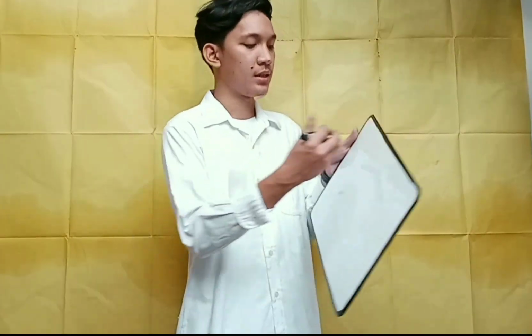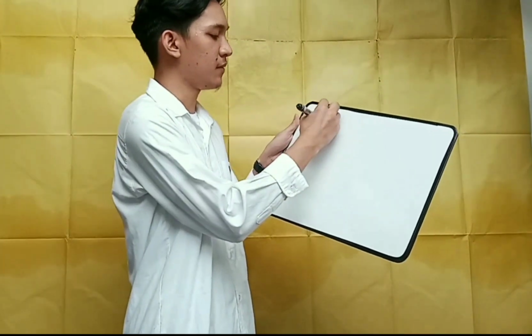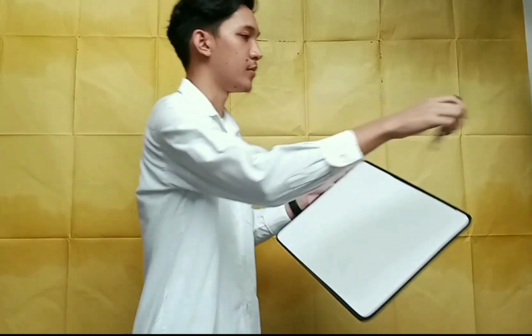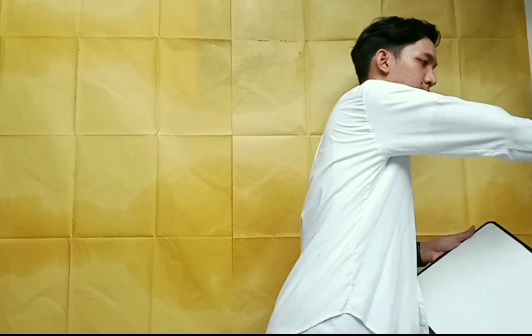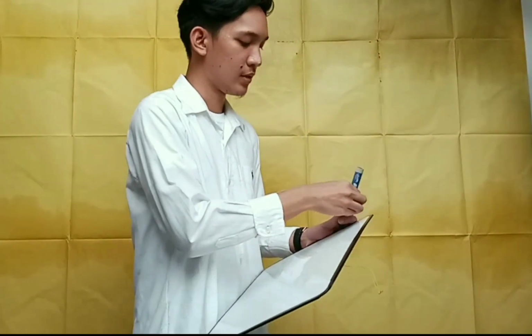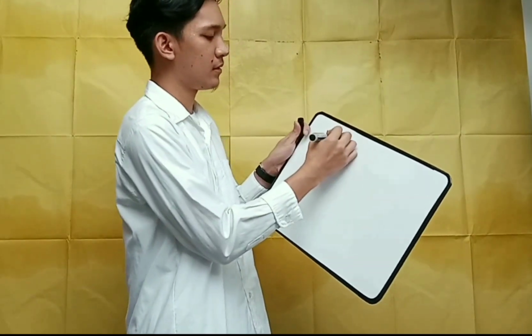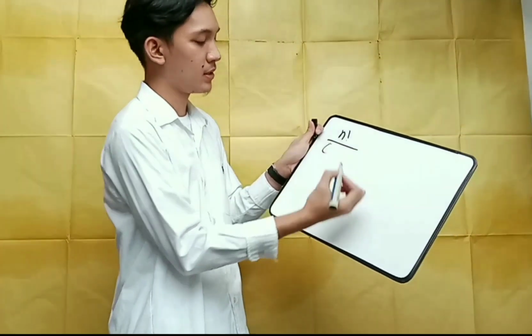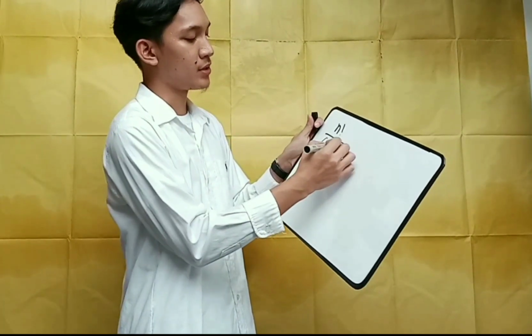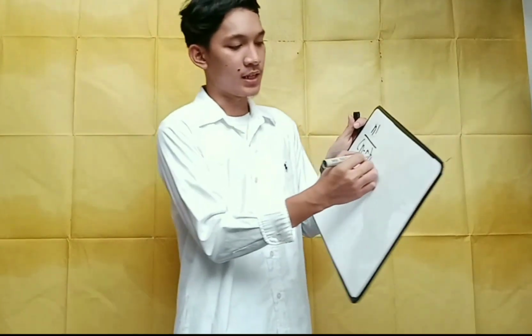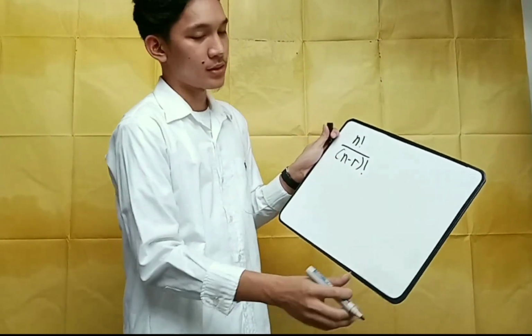So, the formula for permutation is n factorial over (n minus r) factorial.